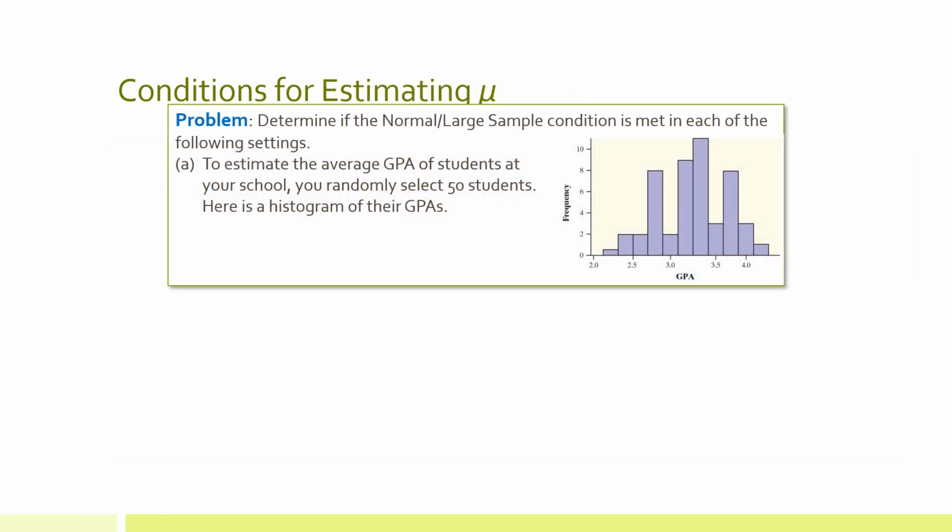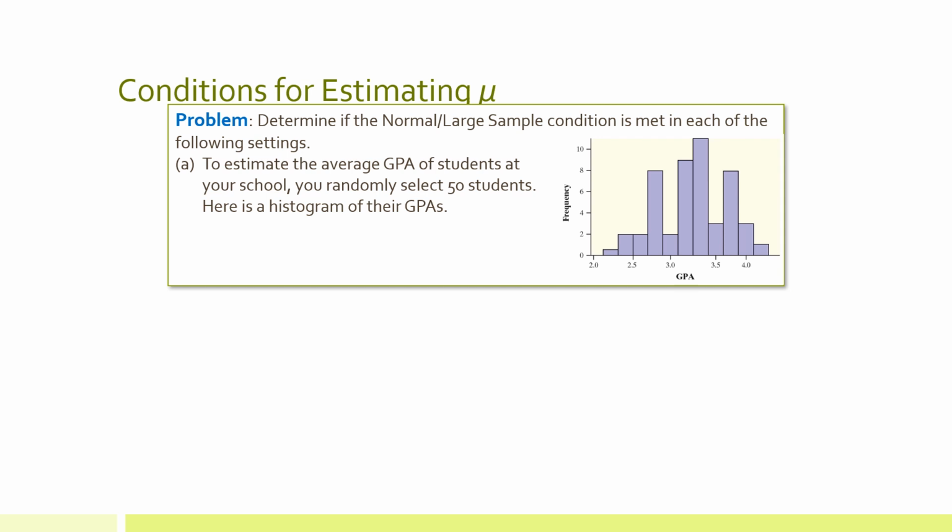Okay, so here's one. Determine if the normal or large sample size condition is met in each of the following settings. So here's A. We want to estimate the average GPA of students at your school. You randomly select 50 students. Here is a histogram of their GPAs. Talk to your neighbor friend: is the normal or large sample condition met?